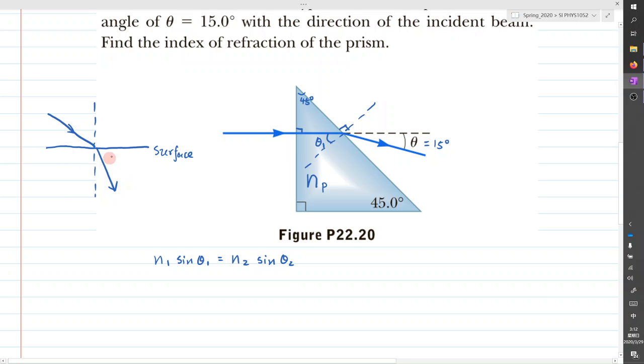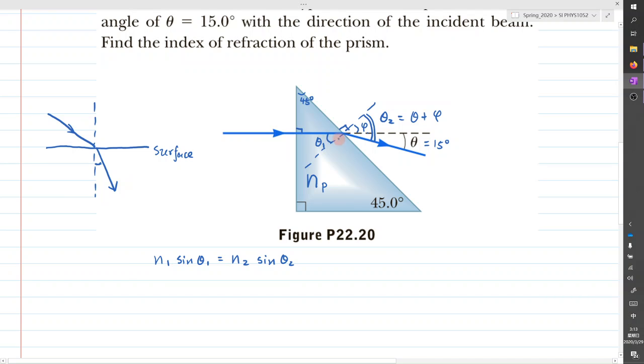The refracted light is the exiting light with respect to the normal, and this is theta 2. So indeed, theta is a part of theta 2. Theta 2 equals theta plus phi. Let's call it phi right here.